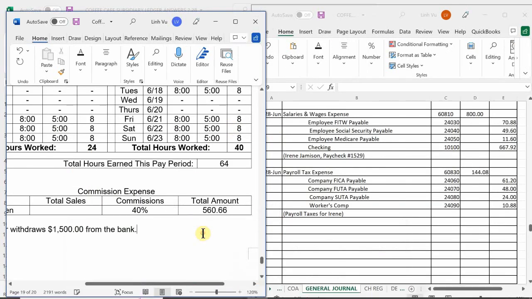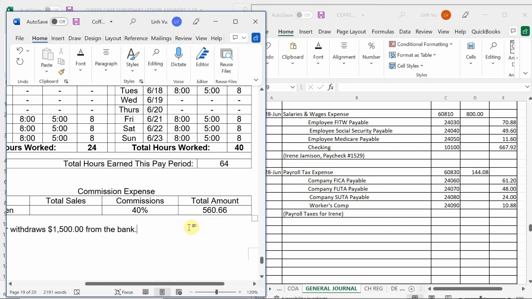Okay. Now in this case, because he's an independent contractor, right, we hired him as a sales representative. He solely earns his money based off of commissions, which is 40% of the total sales that he has sold, right?